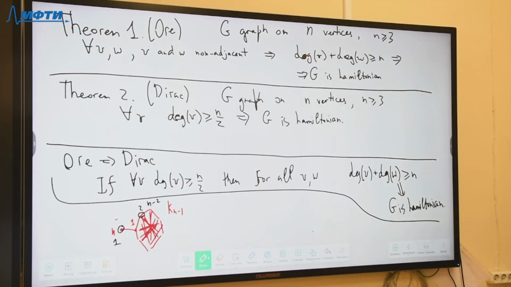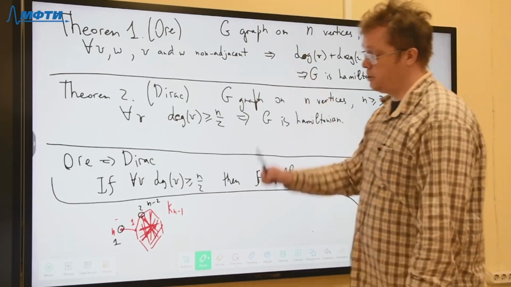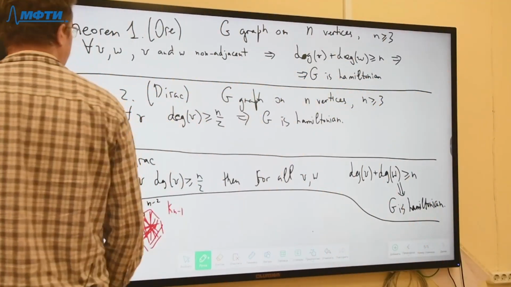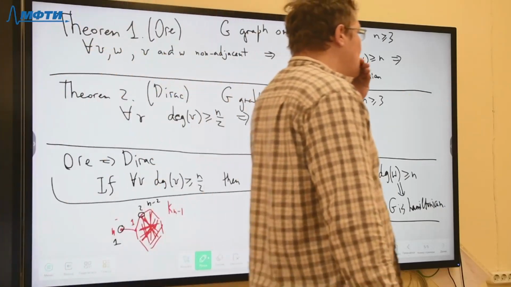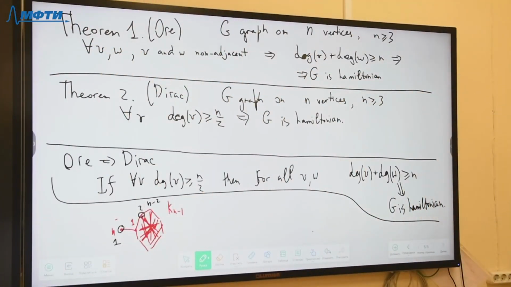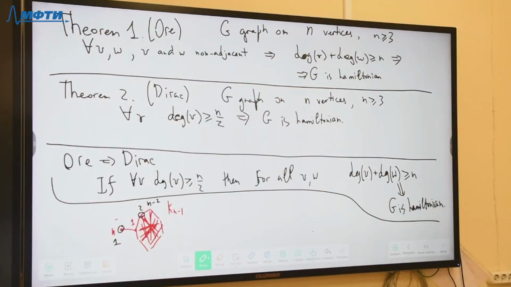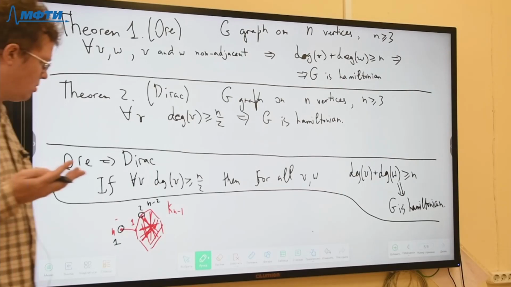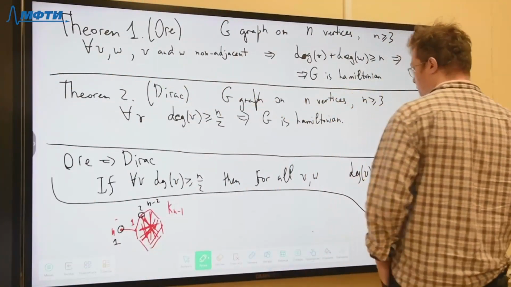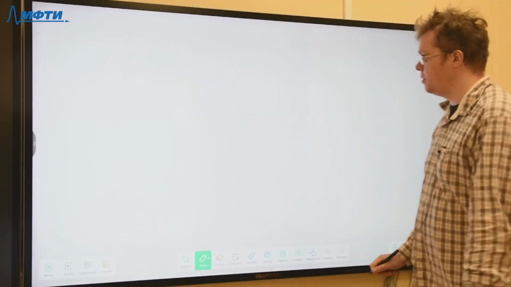Okay, so now we don't need to prove both theorems. We just need to prove the first theorem, and it contains two steps. So let's prove this theorem.